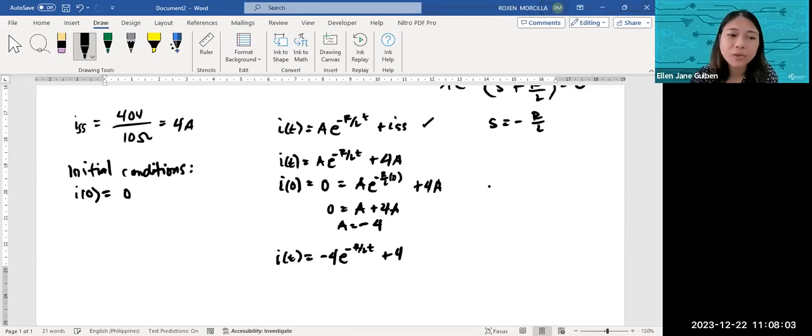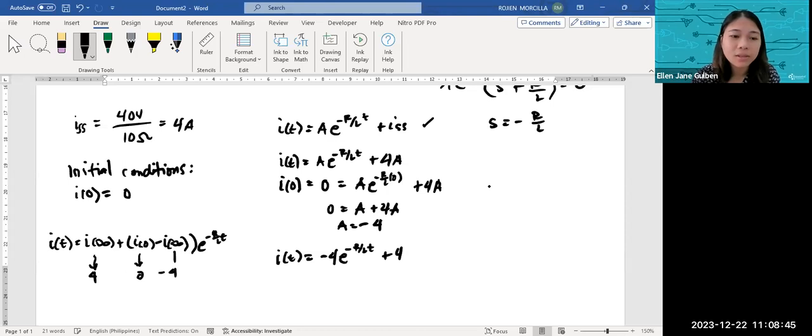So take note, class, if we're going to use the equation I of t is equal to I infinity plus I at 0 time minus I infinity, e to the negative R over L t, we have here 4, and then we have here 0, and we have here 4 again, but we have negative, so that's negative 4.